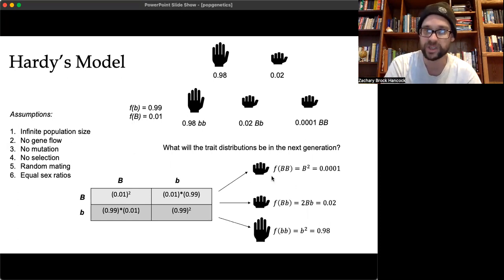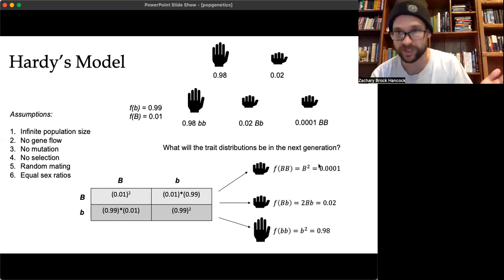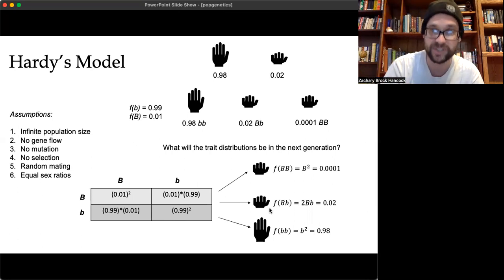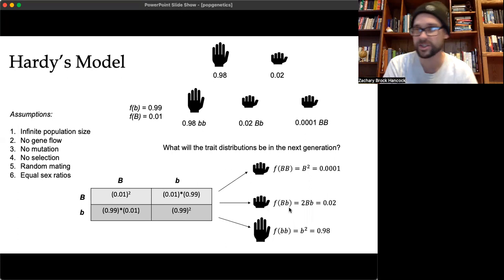So what's the frequency of individuals that are homozygous for brachydactyly? Again, that's B squared, and the frequency of that genotype should be 0.0001. As you can see, and as you already know, that is exactly the frequency that it was in the previous generation, right? Second, big B, little b, this is the frequency of the heterozygotes.